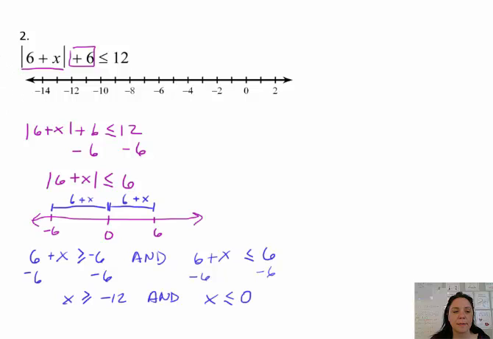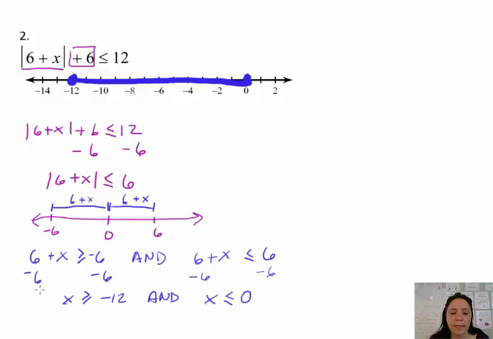I'm just going to grab a slightly larger size pen so I can do this more easily. Again, we want solid circles because we have the or equal to. So we want to go from negative 12 to 0, and we just want to fill in this whole distance here.